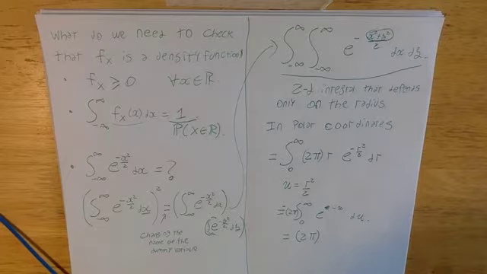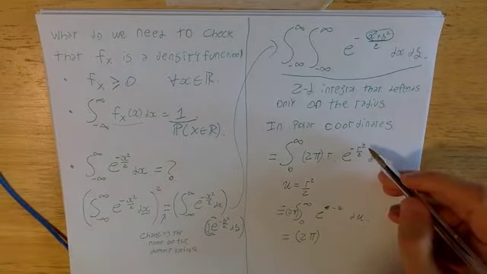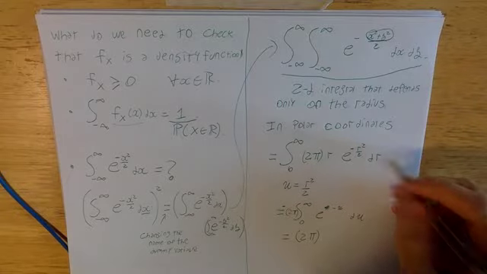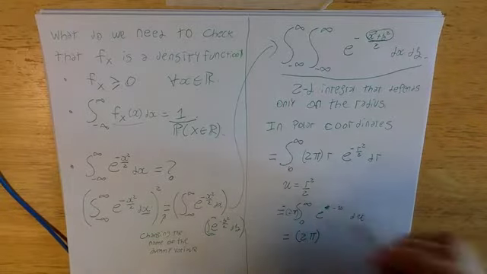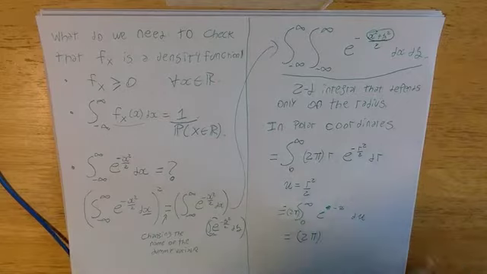Did I get this right? So we had r squared over 2, and there is a minus sign probably that is wrong. You can figure that one out.